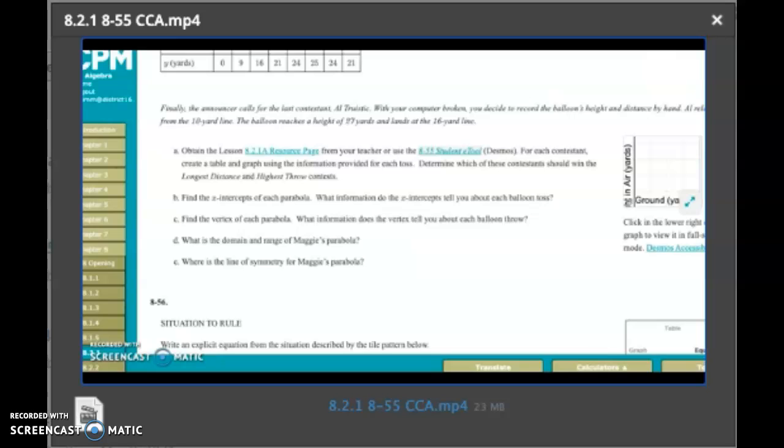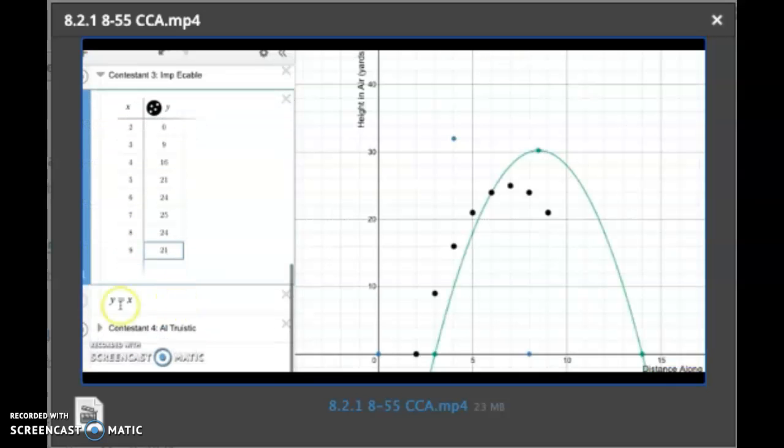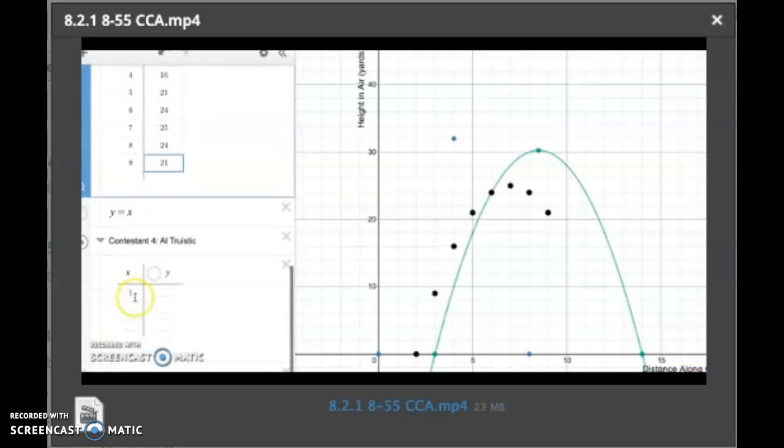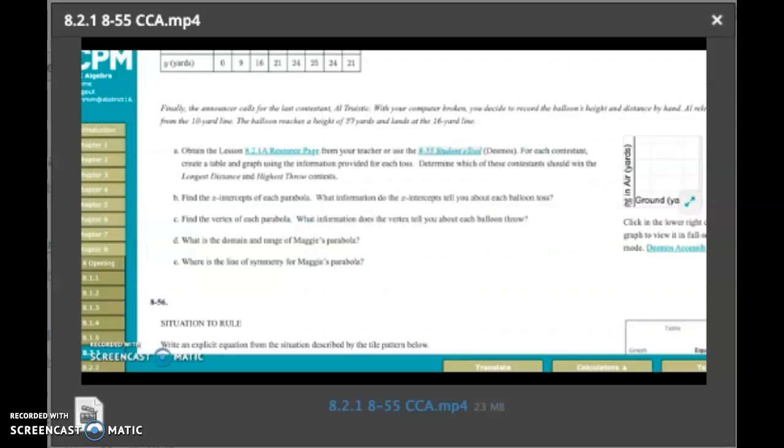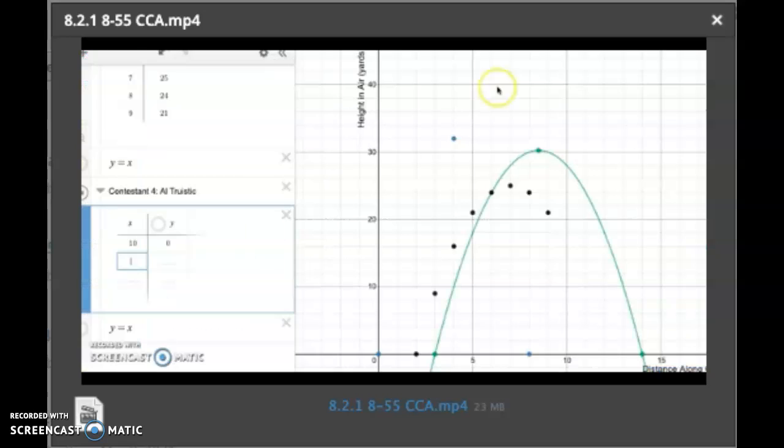So the first one was 0. He starts out at the 10-yard line. It's at 0 yards in the air. The highest point it got to was 27 yards in the air.